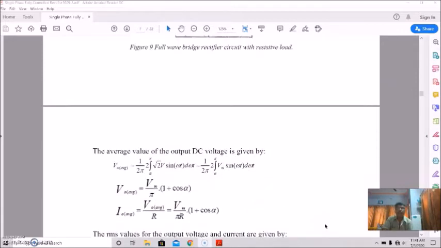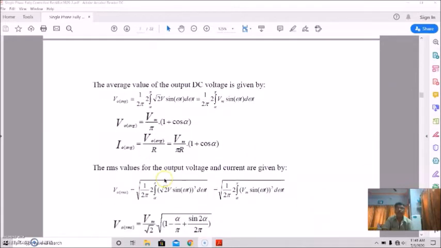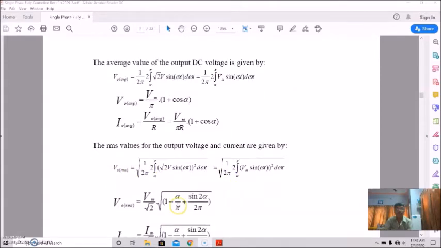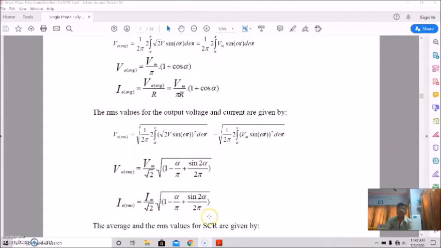After that we have calculated the average output voltage. This is the average output current. Then we have calculated the RMS value of the output voltage and current. This is the RMS value of the output voltage, and the expression is Vm by root 2 times root of 1 minus alpha by pi plus sine 2 alpha by 2 pi.